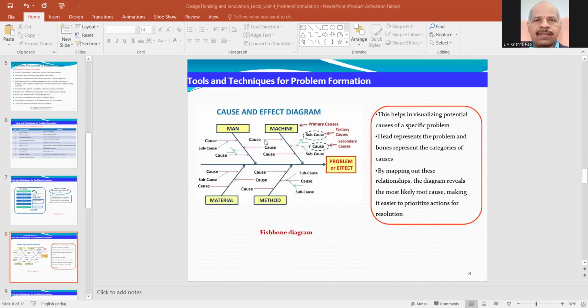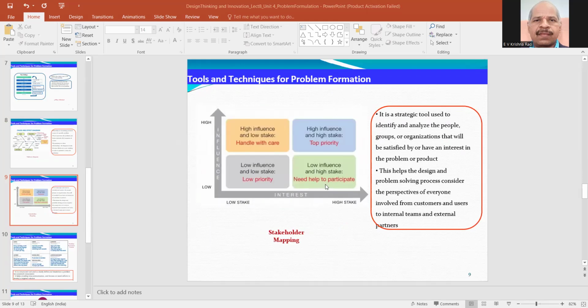In the fishbone diagram, all the causes converge into one point, the problem formation. In stakeholder mapping, we can find out the low profile, high profile, the interest and influence, in the stakeholder map.